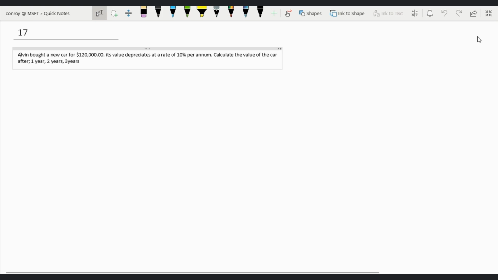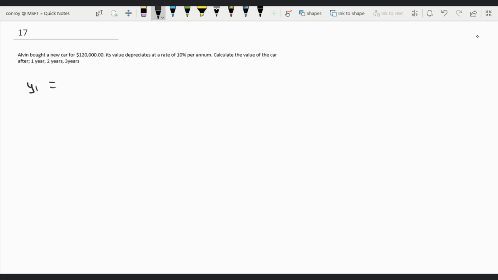Alvin bought a new car for 120,000. Its value depreciates at a rate of 10% per annum. Calculate the value of the car after year 1, year 2, and year 3. So in looking at this question, we know year 1.